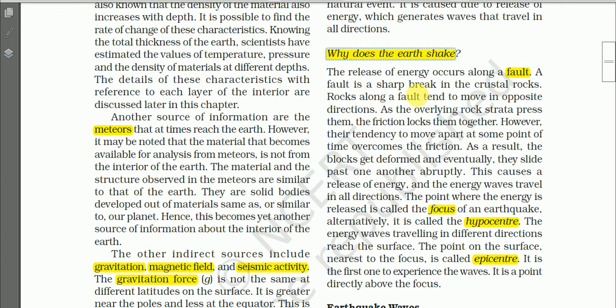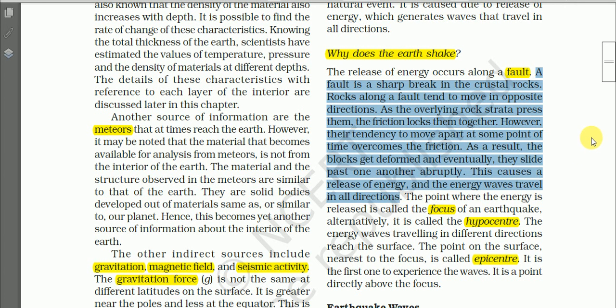Let us read. The release of energy occurs along a fault. So an earthquake occurs when there is a release of energy along a fault. And what is a fault? A fault is a sharp break in the crustal rock, and rocks along a fault tend to move in opposite directions.